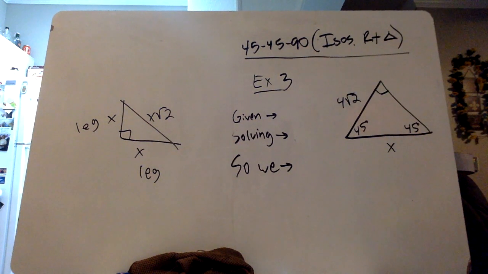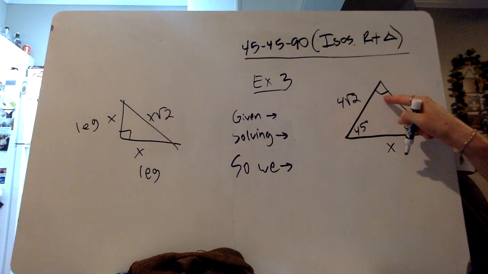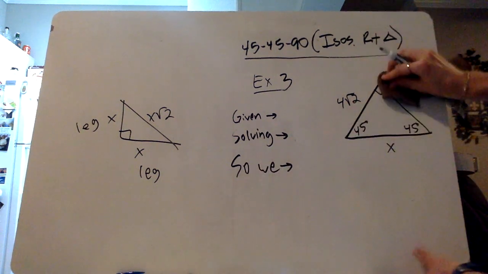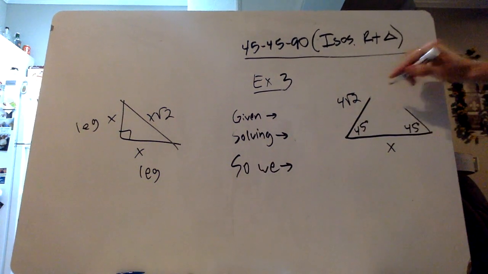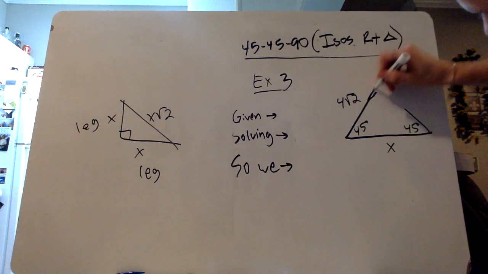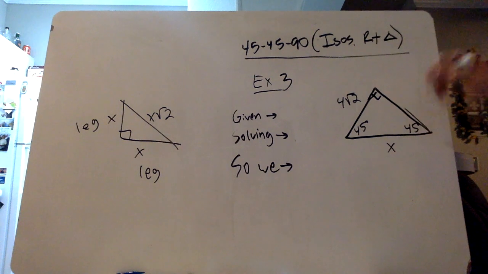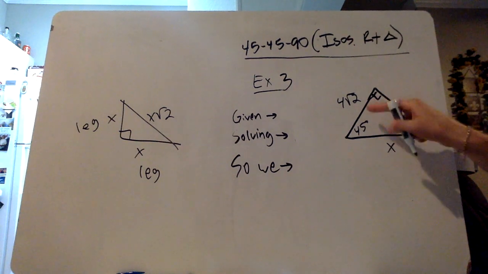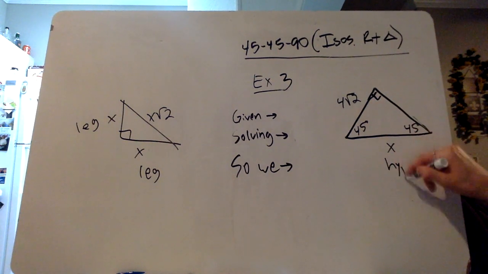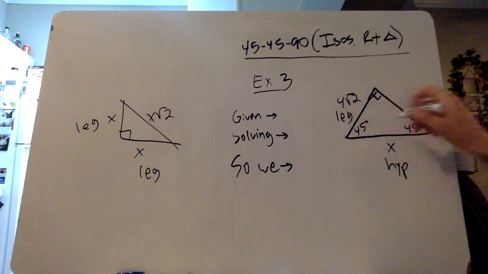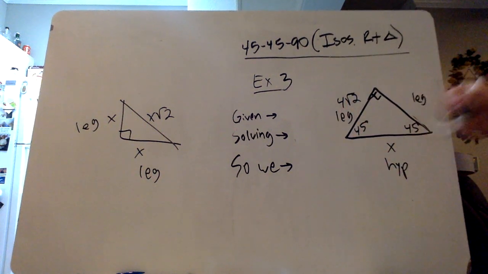So, if this is my 90-degree angle, again, this is drawn poorly. Let's fix it. That's almost worse, Mr. G. Oh well, you guys get the picture. This is my hypotenuse. This is my leg. This is my leg. Every single time for a 45, 45, 90.